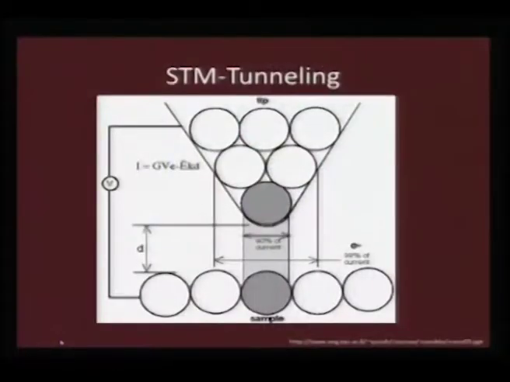Now, if you look at this tunneling phenomenon, 90% of the tunneling current is confined to one single atom, and that is what we see here. So, this distance d is very important, and you will be able to achieve up to 90% here, and 99% of the tunneling current can be confined to just 2 atoms.